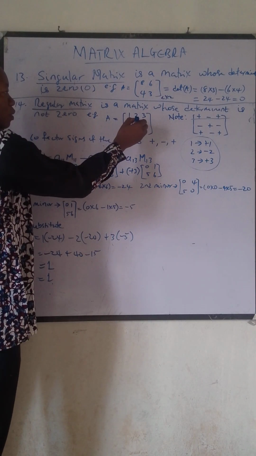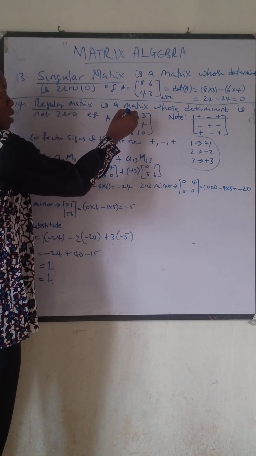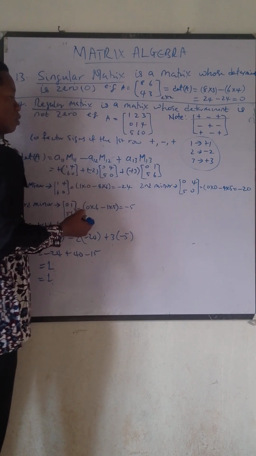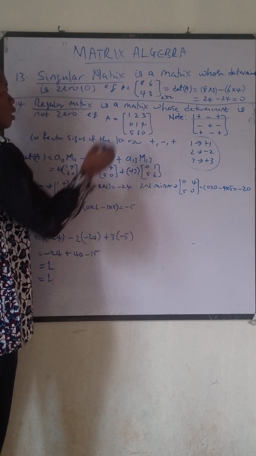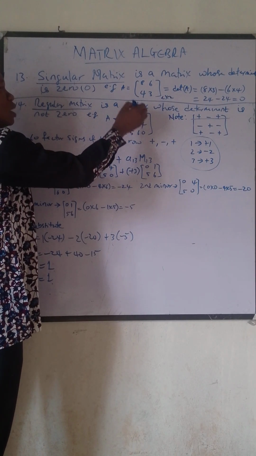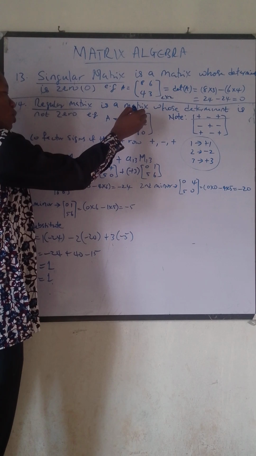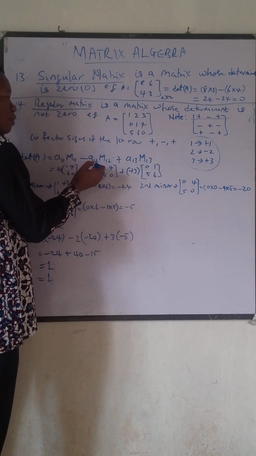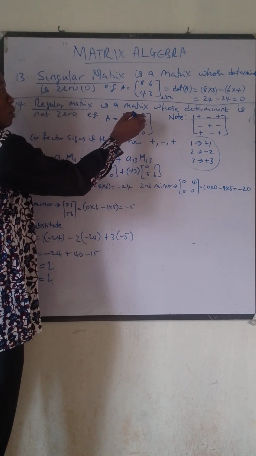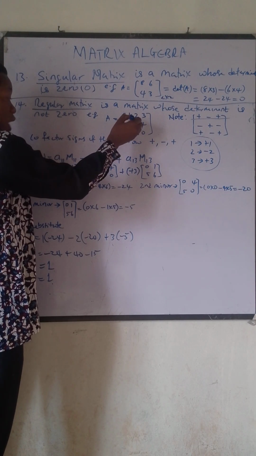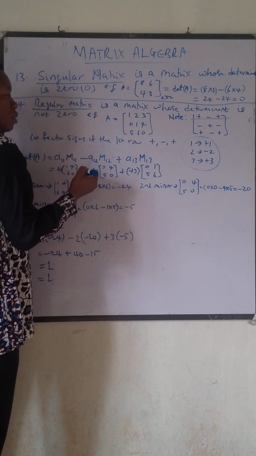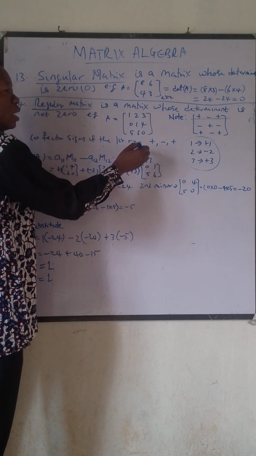This is the first minor, right? 1460. Is that okay? Then you go to the element on the first row, second column, which is 2. That's why you have A12 times the minor, right? The second minor, which is 0450. And then plus A13, M13.